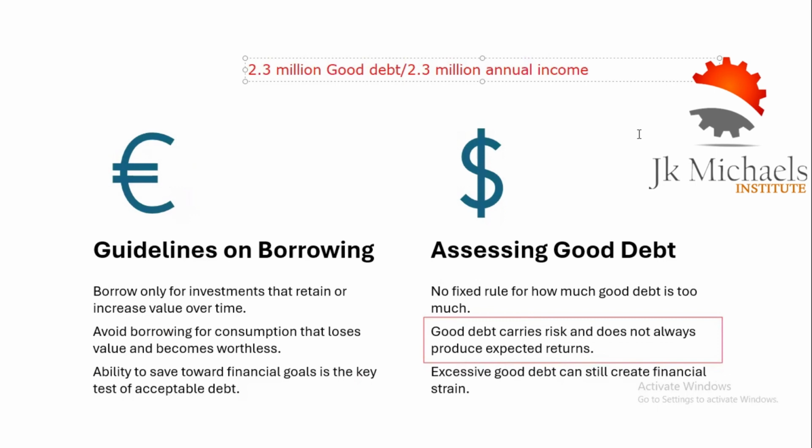The fact is good debt doesn't mean that we should be careless, right? And then just continue to pile and accumulate good debts because they are good. Now, the reason why is this. Number one, there is risk. There's always a chance that the investment will not work out. If the investment does not work out, then you will suffer the downside of that risk, right? Excessive good debts can still give financial strain.